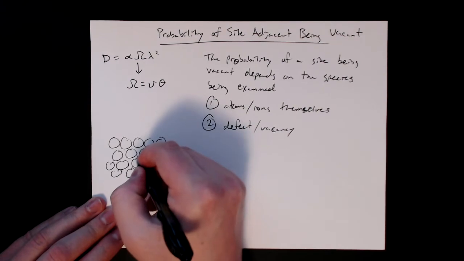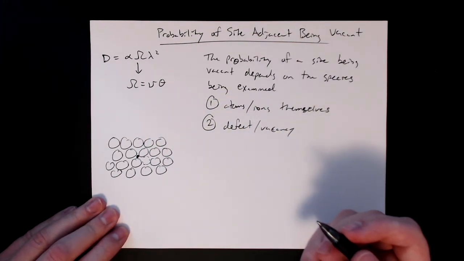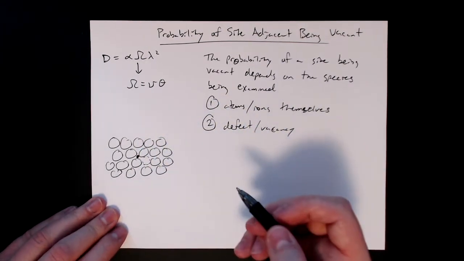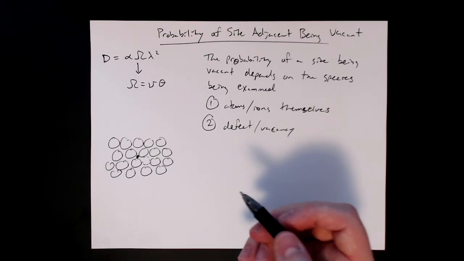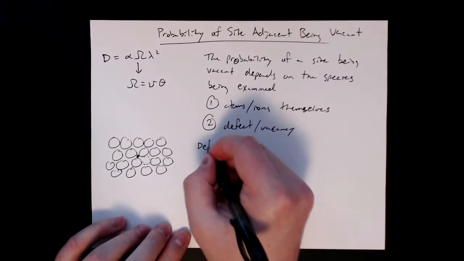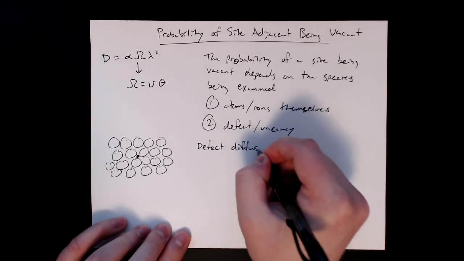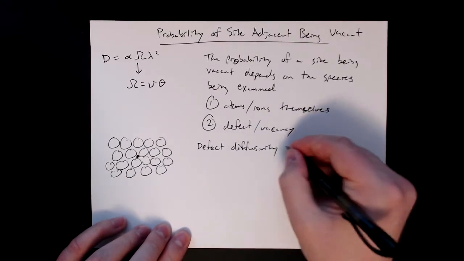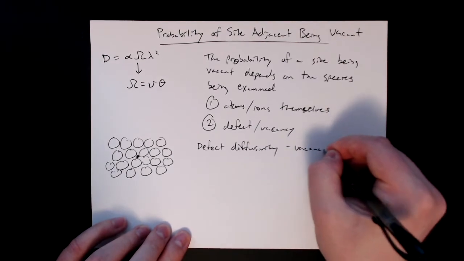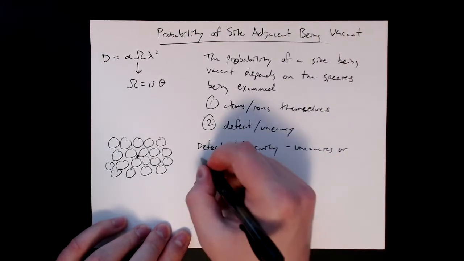We can talk about an interstitial, and then we can also talk about an atom, right? So if we're talking about defect diffusivity, this would be vacancies or interstitials.